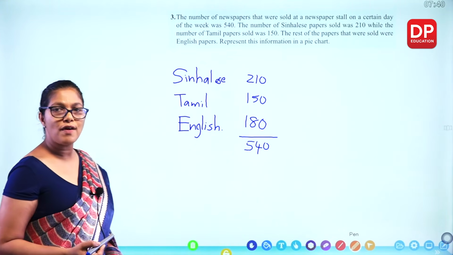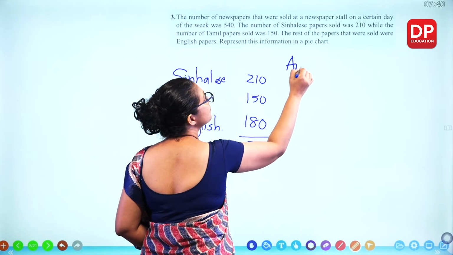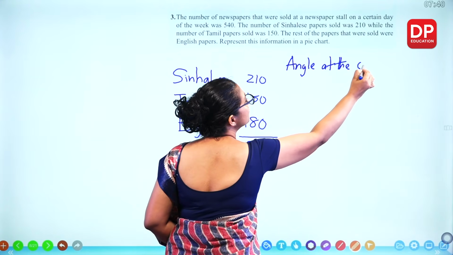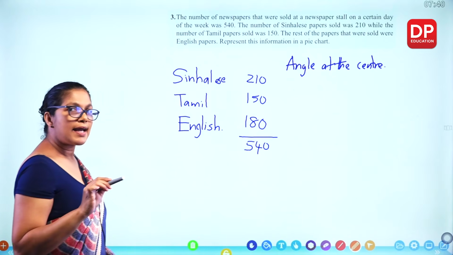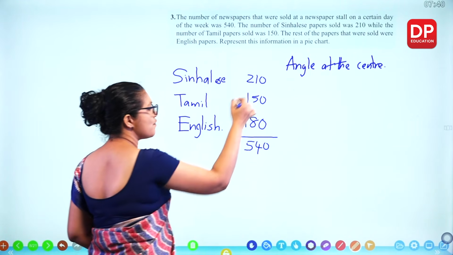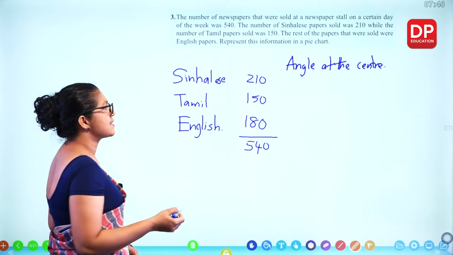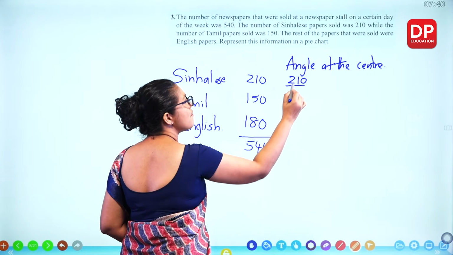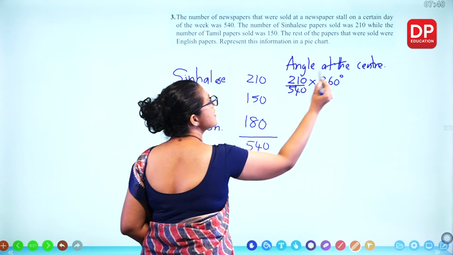Now we need to find out the angle at the center. So how can we find out? We know angle at a point is 360. So for each one we have to find the fraction with the total amount and multiply by 360. For Sinhalese papers, 210 divided by 540 multiplied by 360.